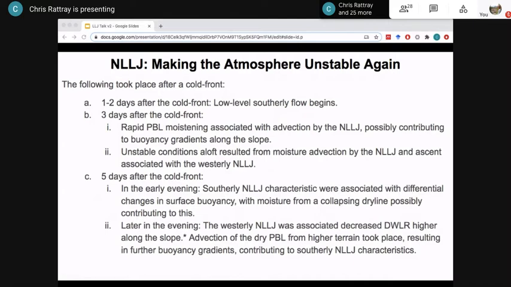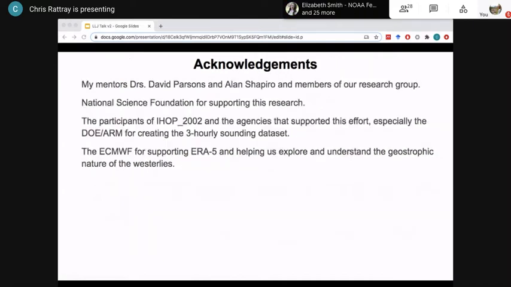The westerly jet advected the dry boundary layer from the west, which appeared to alter the structure of the southerly jet. And that would be the end of it.